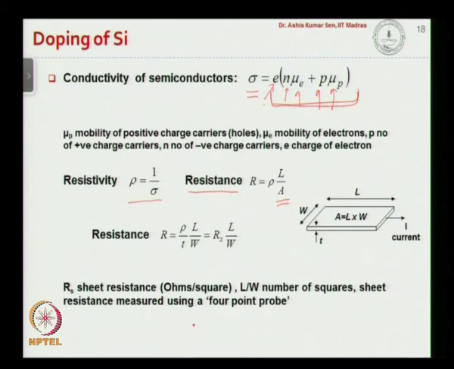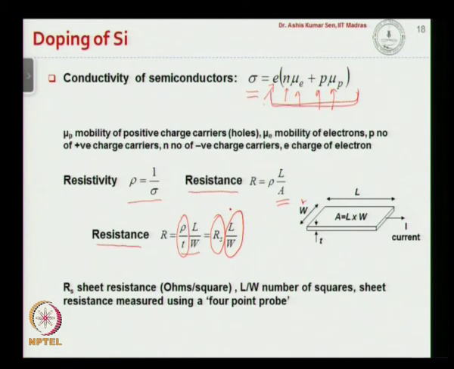So if you see this typical conductor here, which has thickness T, width W, and length L, and current I is flowing perpendicular to the cross section W times T. So you can write the resistance R is going to be resistivity times L over area, which is W times T. So here we can define the resistivity over thickness as something called sheet resistance, okay, times L over W.